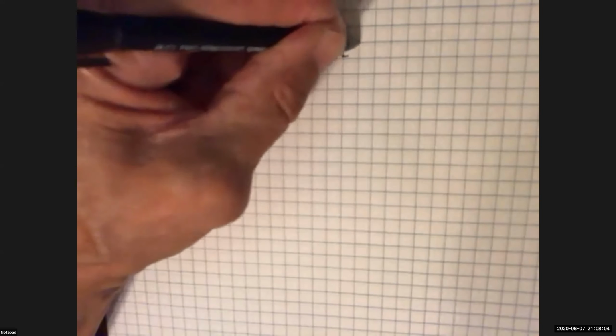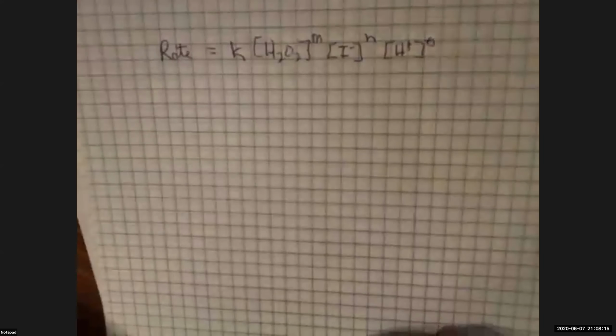If we write the generic, we put m, and then the second ion was the iodide ion to the n. And the third ion was the hydrogen ion, and we'll say that exponent is o.